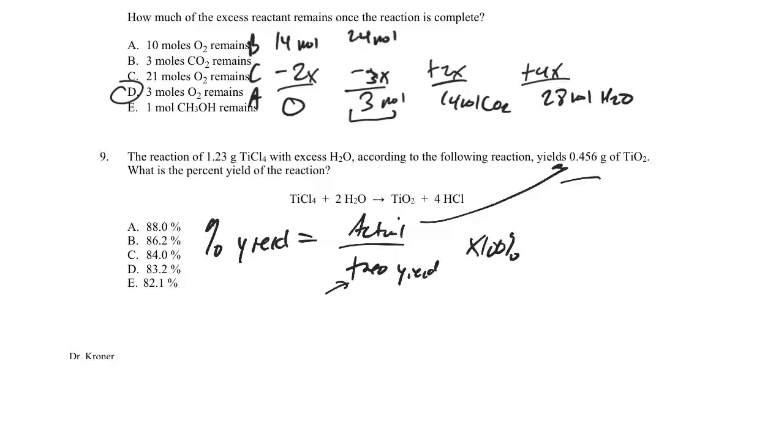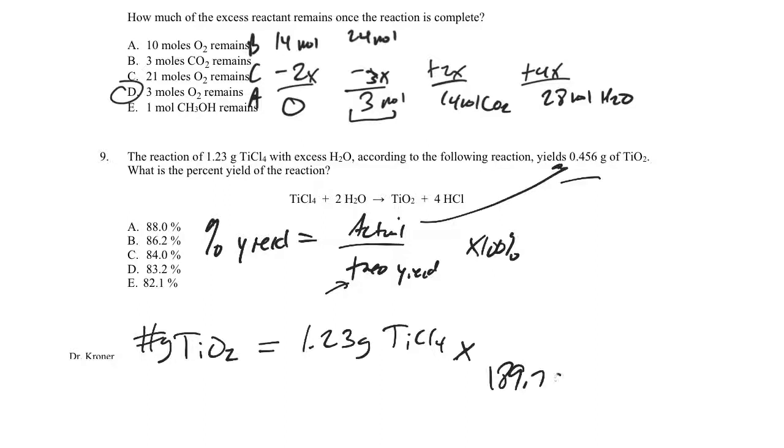So we have the number of grams that we should get of the TiO2 would be equal to 1.23 grams of TiCl4. Then we're going to multiply that by the molar mass of TiCl4. So that's 47.87 plus 35.45 times 4. So that's 189.7 grams per mole of TiCl4, and then it's 1 to 1.